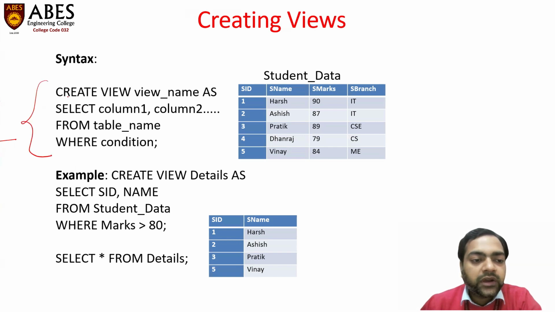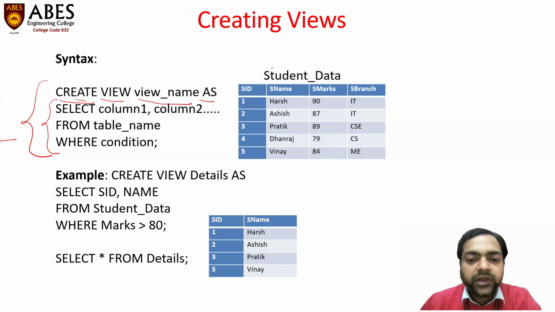First, we use the create command, which, as we know, can be used to create a table, a database, a view, or an index. Then we write the view keyword, then give the view name, then AS, and then we select particular columns of data from the database.